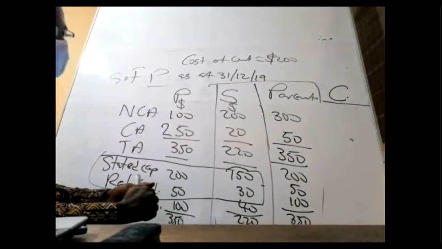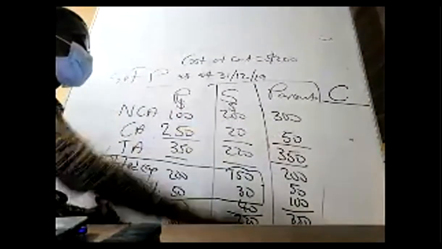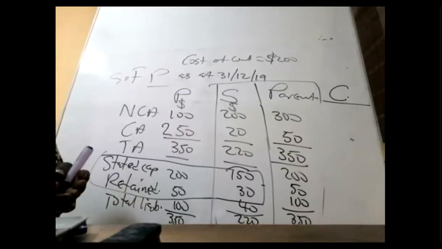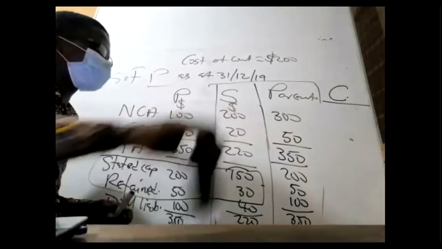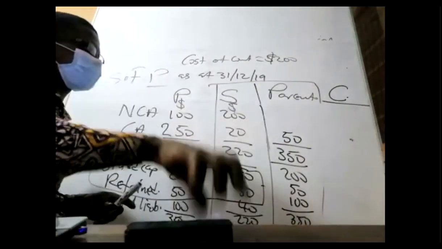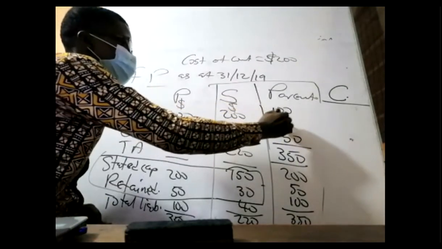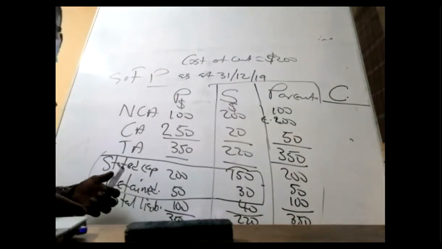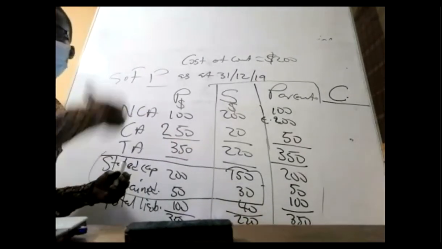Now the 200 for the subsidiary and 300 for the parent. But this 300 includes the 200 paid as the cost of control. So this needs to be what? Eliminated. How do we get it? This 300 here is made up of two: the normal non-current asset of 100 plus the equity investment of what? 200. That makes the 300 over here. No, I think it's 100. Okay. We don't consolidate any amount paid to what?